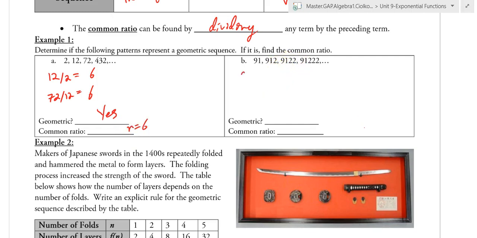Over here, if I check, second divided by the first, third divided by the second.